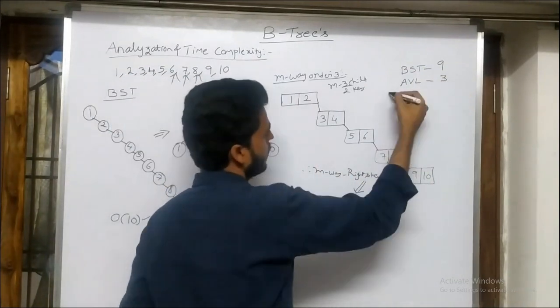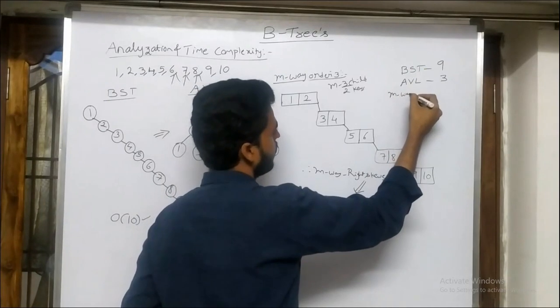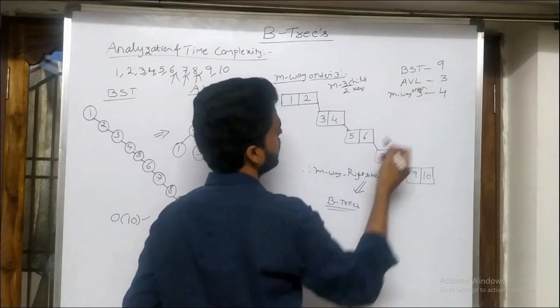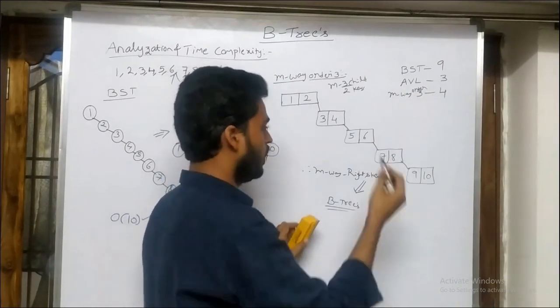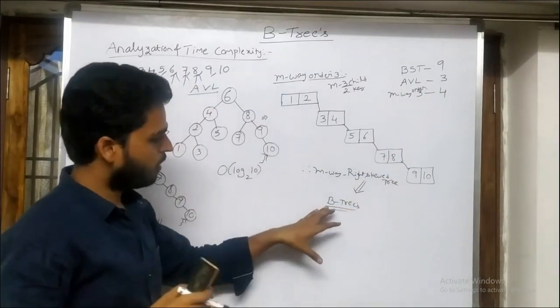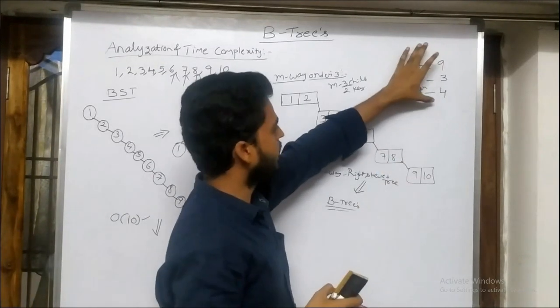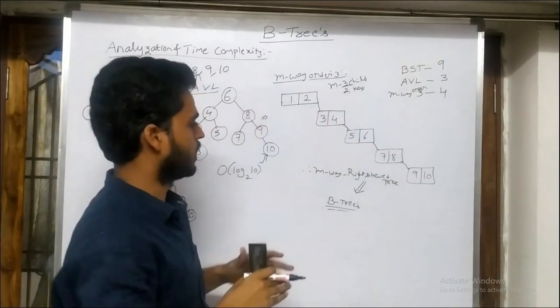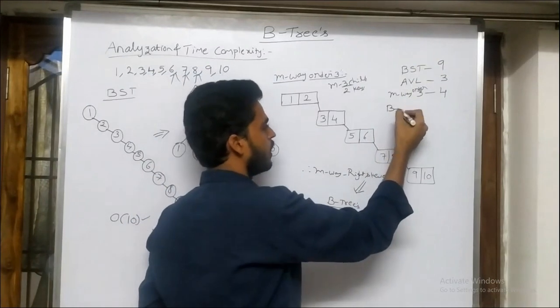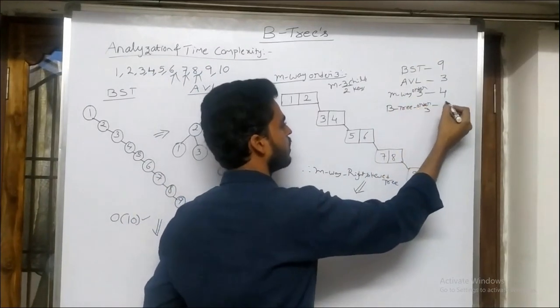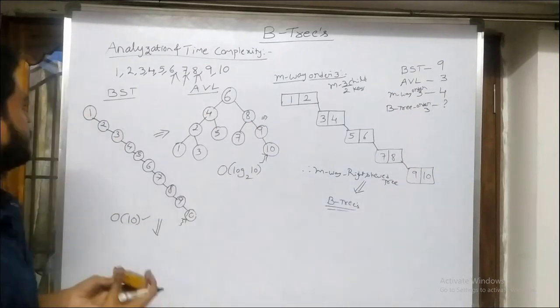If I construct an M-way search tree of order 3, my tree height is 4. So we will check whether the B tree yields a better height when compared to all these three. We will go for a B tree of order 3 and check how much it is.